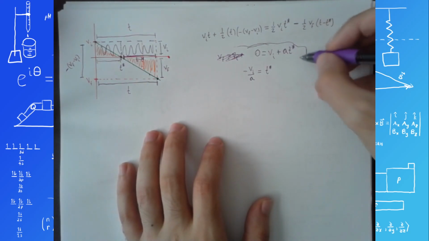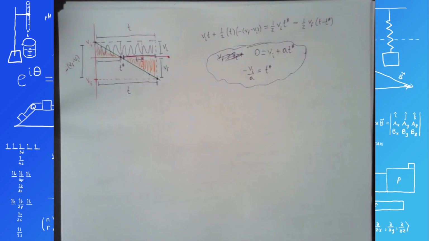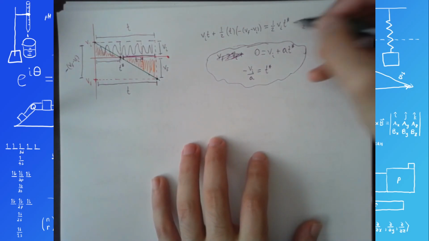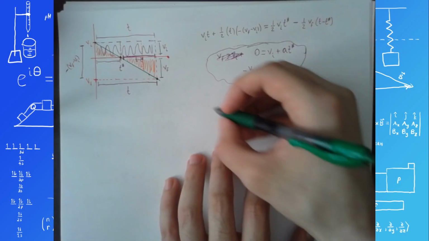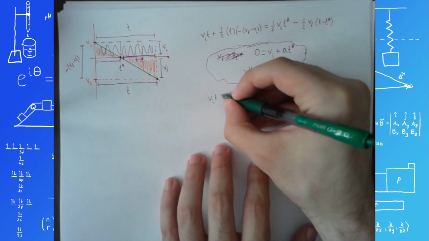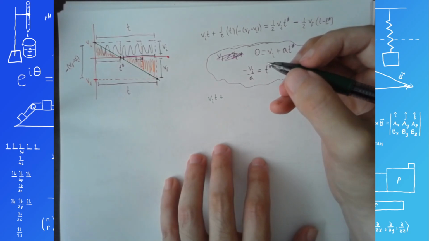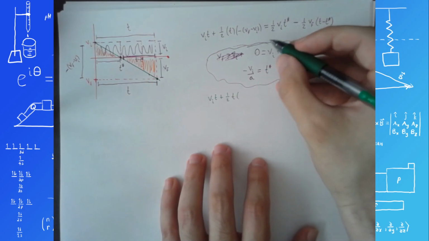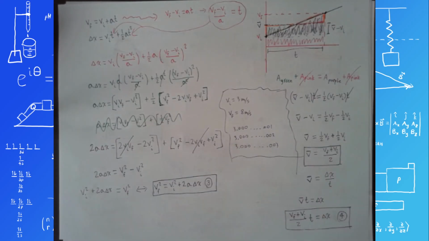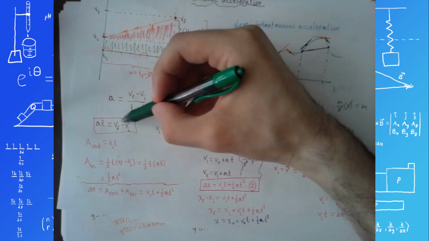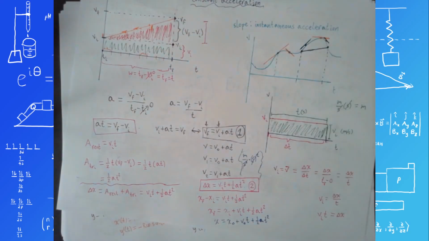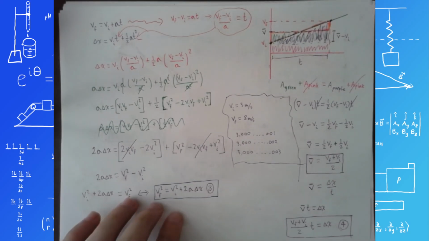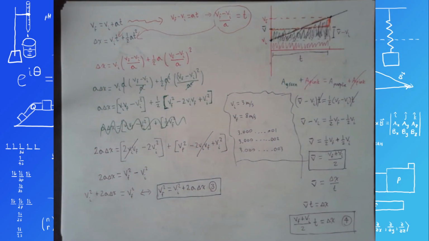Okay, so let's see what we can do with this. Let me circle that off. Are these two expressions actually equivalent? V initial t, or I guess I could make that minus, plus 1/2 t times negative v final minus v initial. Well, we saw over here that v final minus v initial is equal to at. So I'm going to replace the negative of v final minus v initial with negative at.